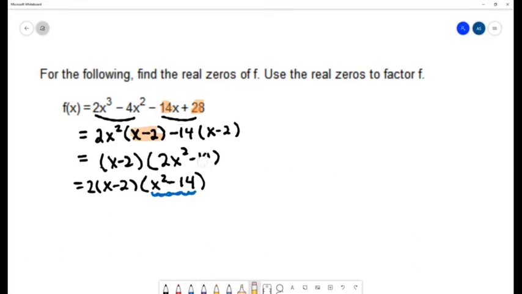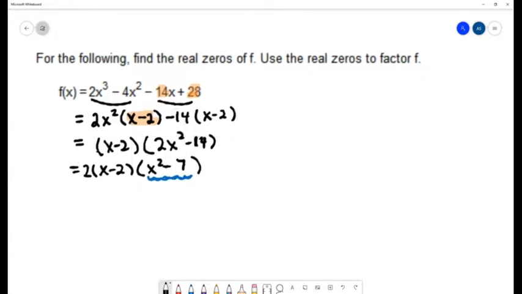If I factor a 2 out, that becomes a 7. So this would be a 7. So it kind of looks like it doesn't factor, but it does factor if you allow radicals in your factorization.